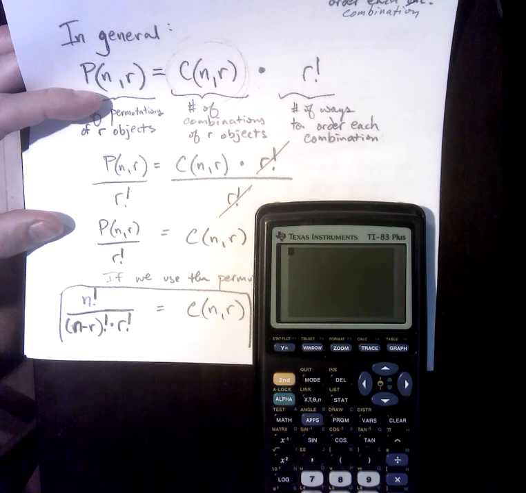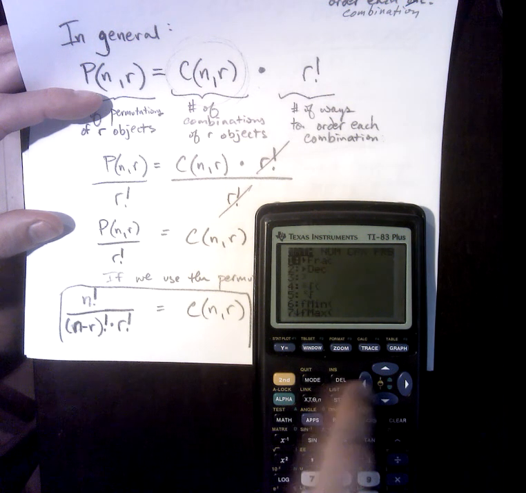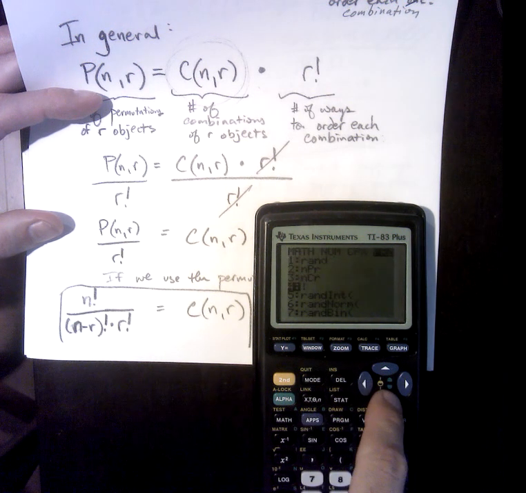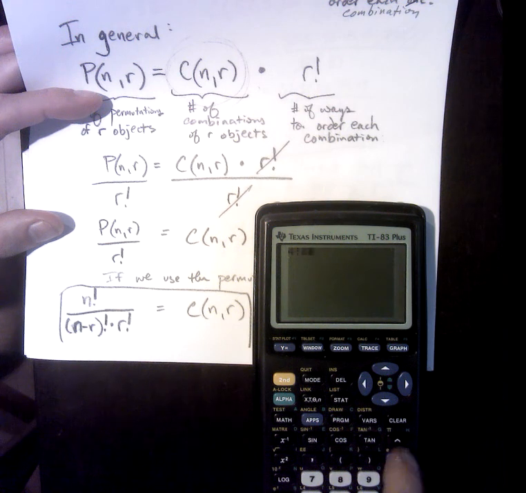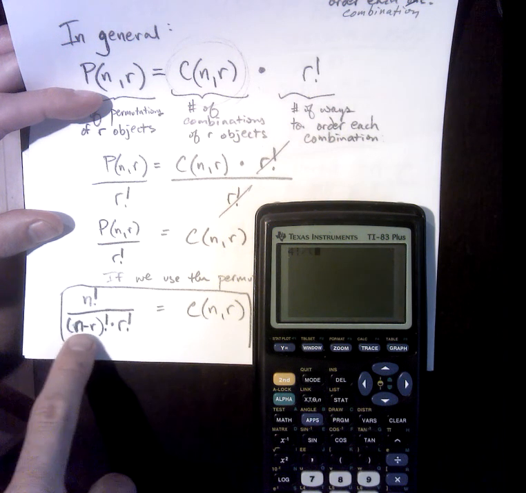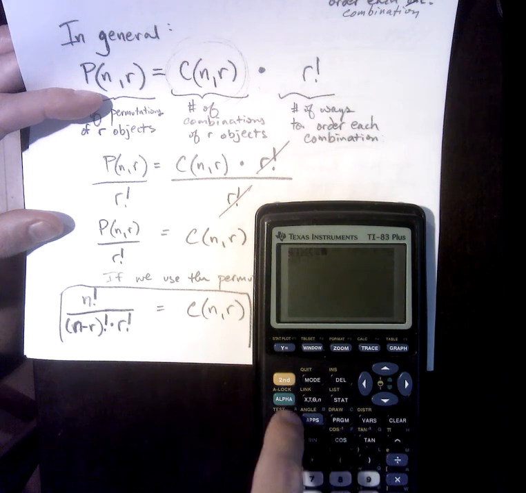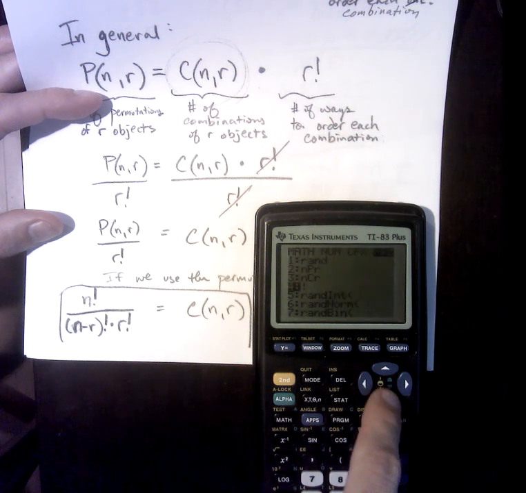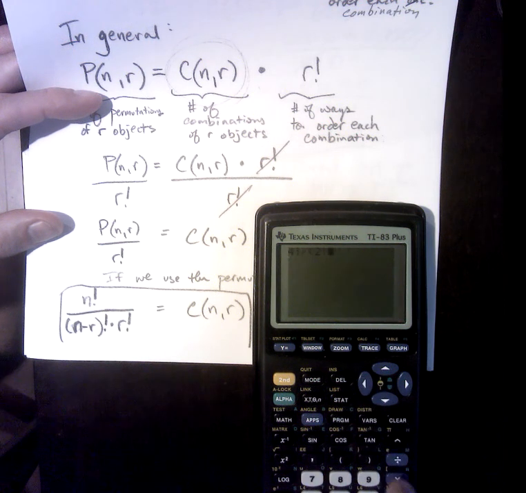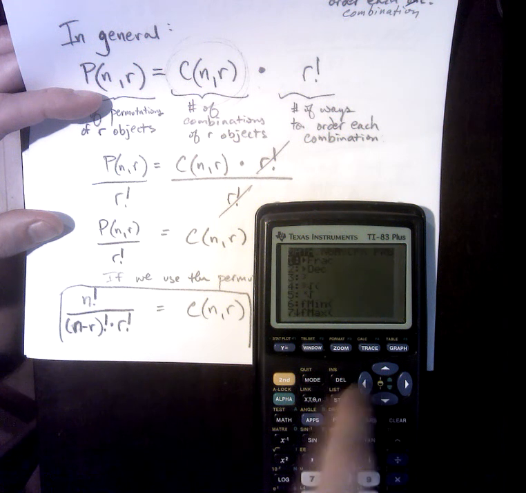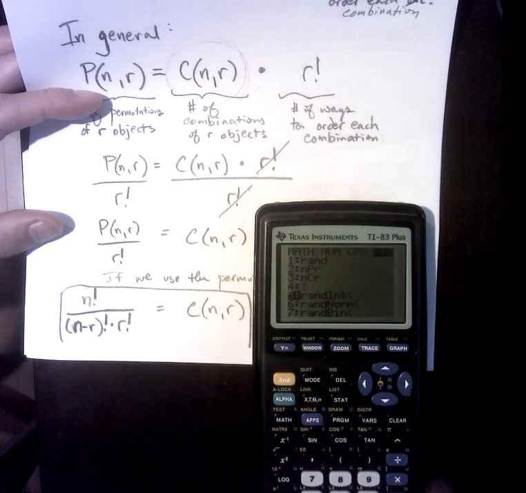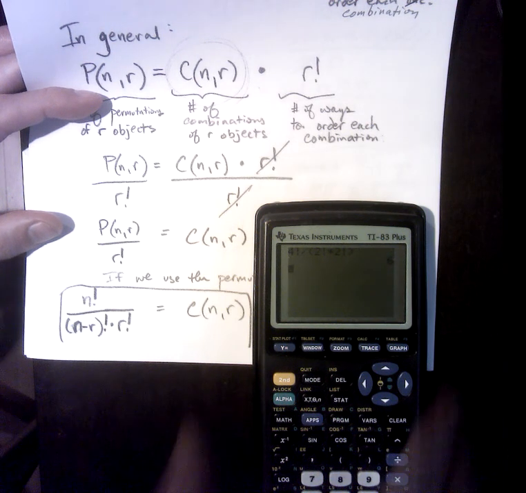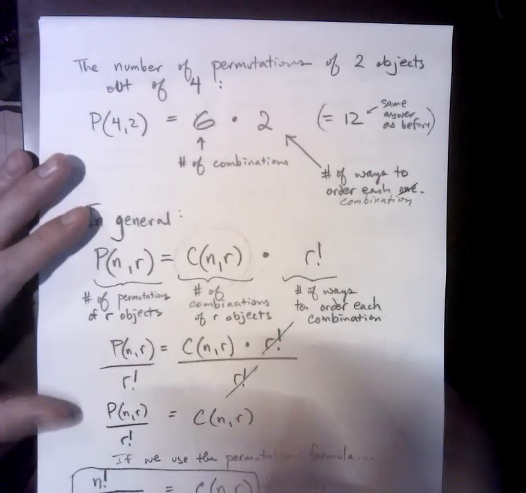Let's see, so 4 factorial divided by, let's put some parentheses, so 4 minus 2, that's 2 factorial times, I need another 2 factorial there. Close my parentheses, and yes, it does give me 6 like it should. Okay. This formula is working for that first problem.